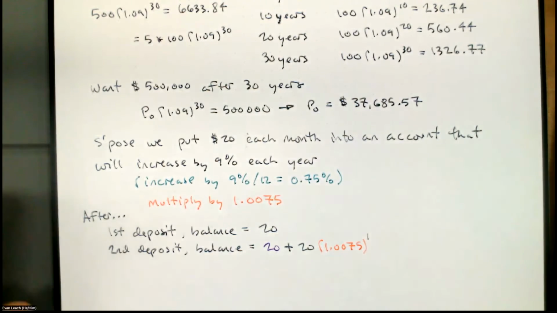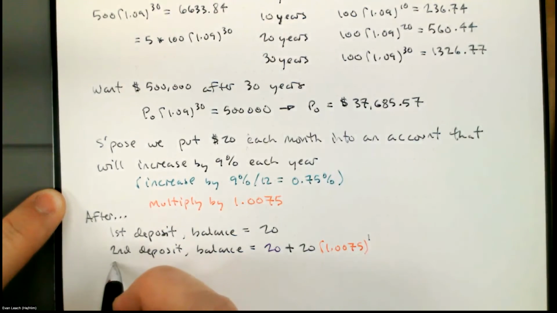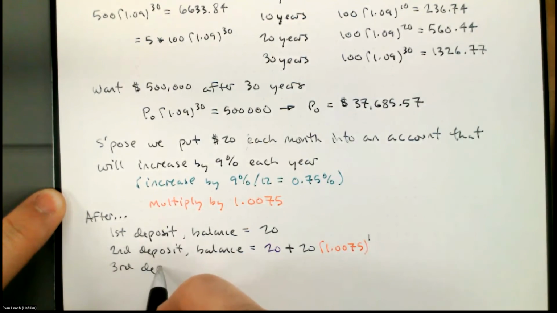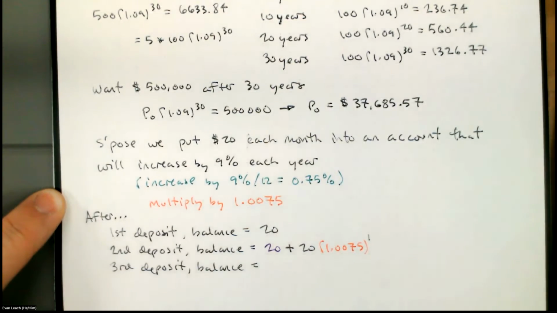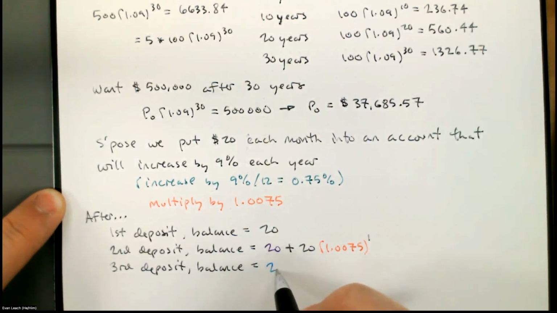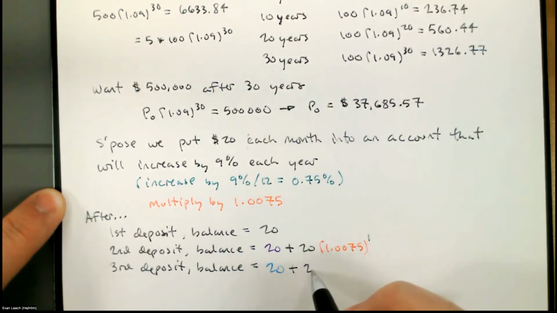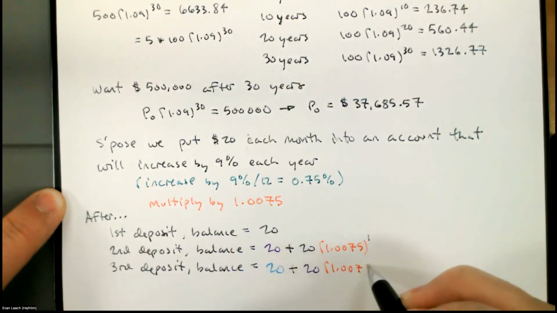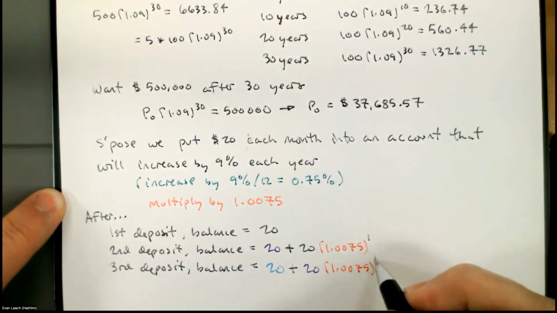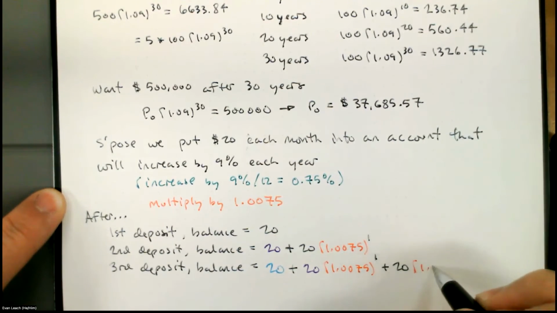After the third deposit, note that this 20 is the second deposit, and this 20 times 1.0075 was our first deposit. So after our third deposit, our second deposit has seen the growth one time, but our first deposit has seen the growth twice.